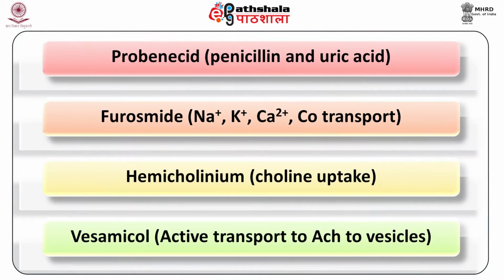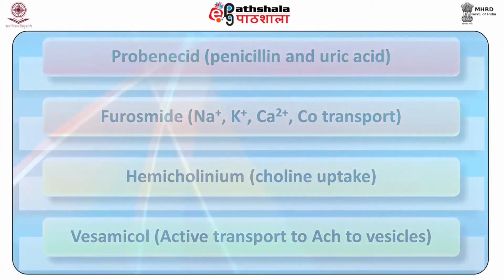Examples: probenecid, penicillin and uric acid; furosemide, that is sodium, potassium, calcium and chloride transport; hemicholinium, choline uptake; and vesamicol, active transport of ACh into vesicles.